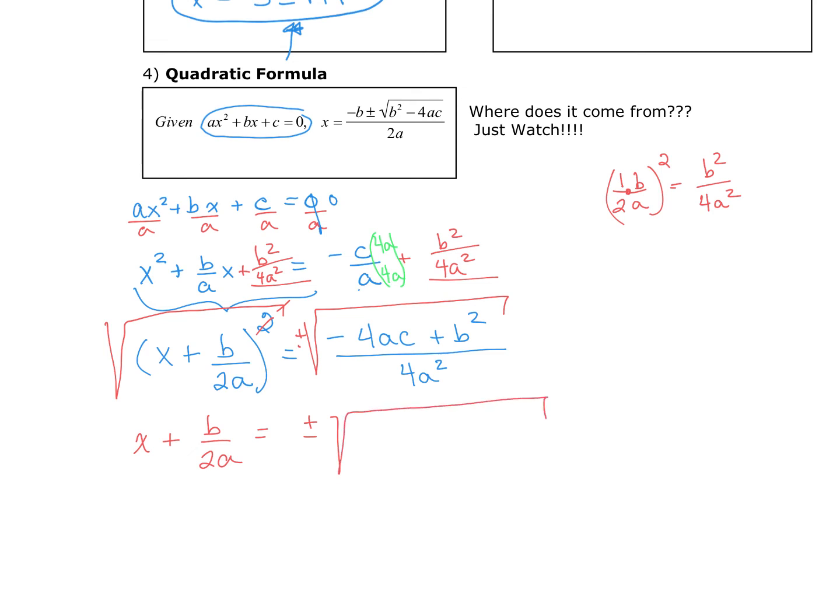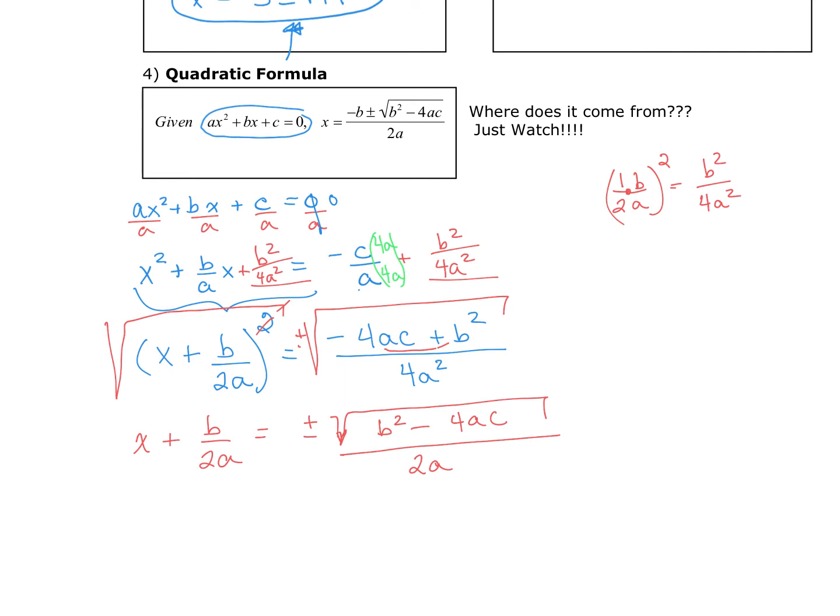I'm just going to change the order of the numerator, so I'm going to make it b squared minus 4ac. And also, and we have to be careful how we write this, I can actually take the square root of 4a squared. It's just 2a, so I don't want that underneath the radical anymore.